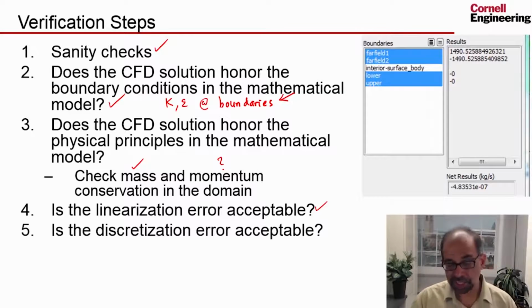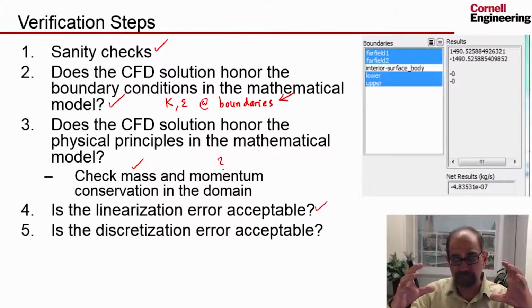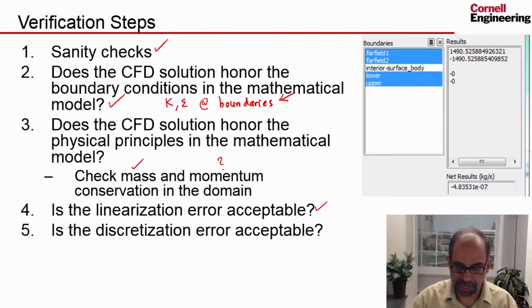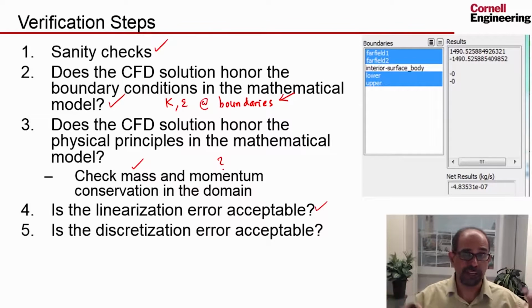Is the discretization error acceptable? One thing we did was, when in the discretization, we are not going out to infinity. We have put our far field boundaries at a finite distance, and we need to check the effect of moving that far field. And this is a check one needs to do for every external flow.